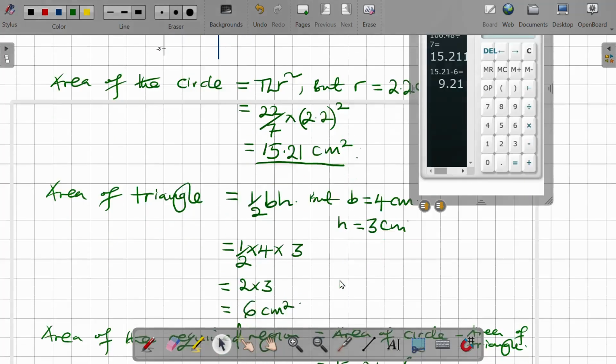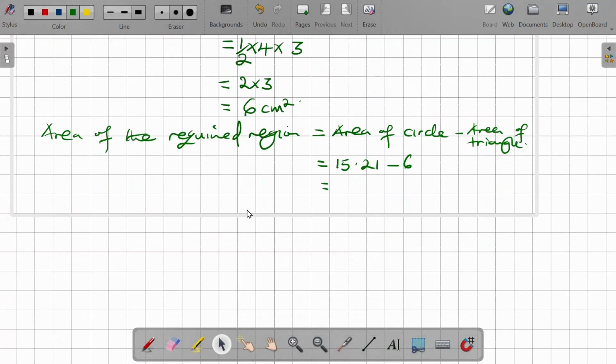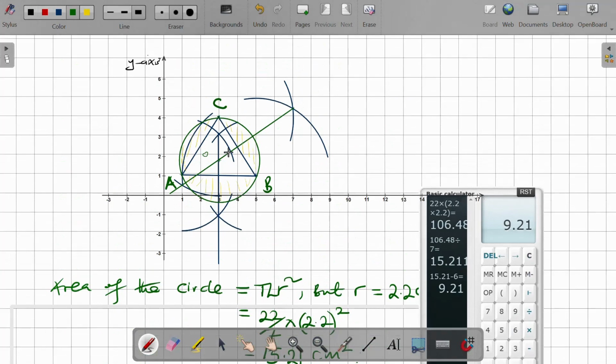So our answer becomes 9.21 centimeters squared.